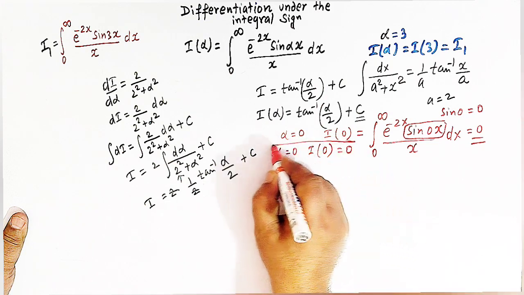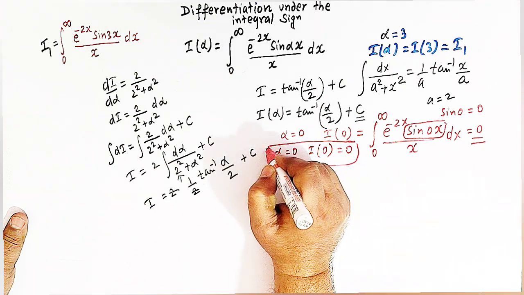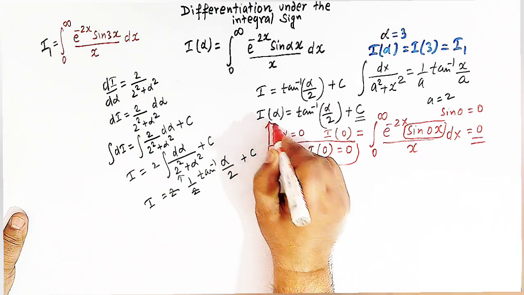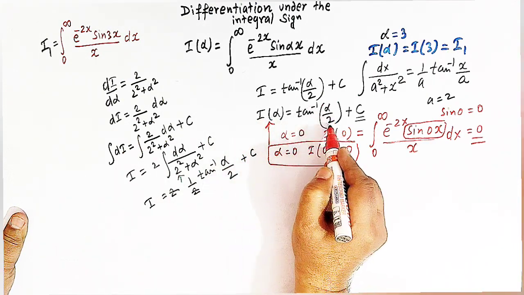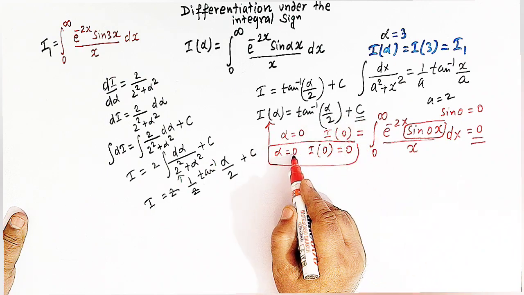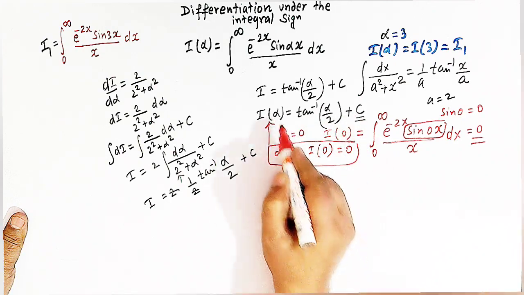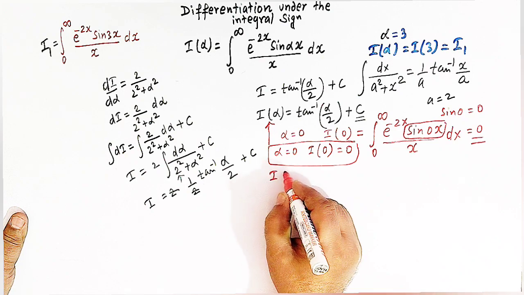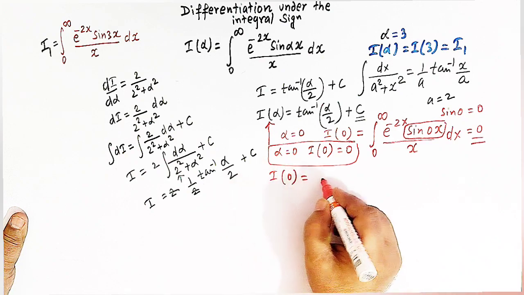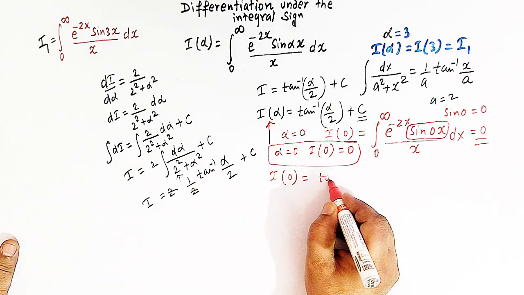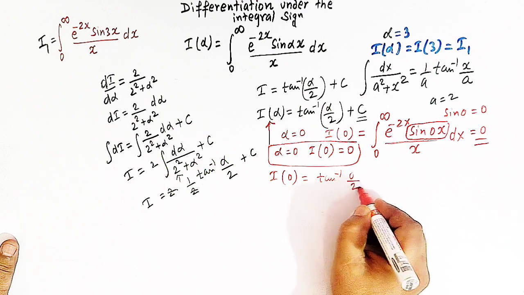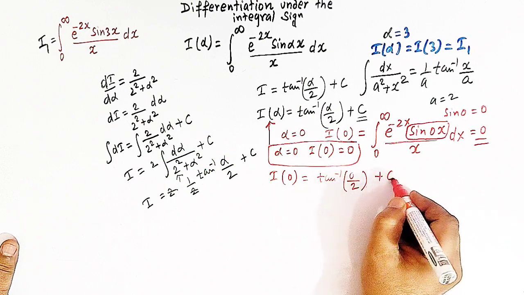So let us utilize these conditions in this equation, that is I of alpha is equal to tan inverse alpha over 2 plus c. So when we take alpha is equal to 0 here, we have I of 0, and here we have tan inverse of 0 over 2 plus c, right?